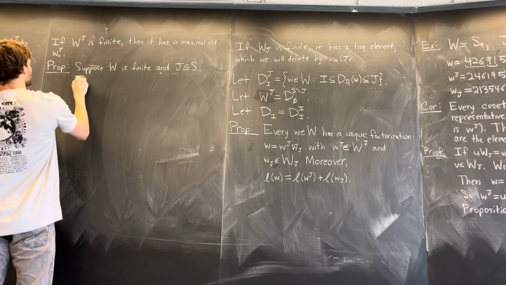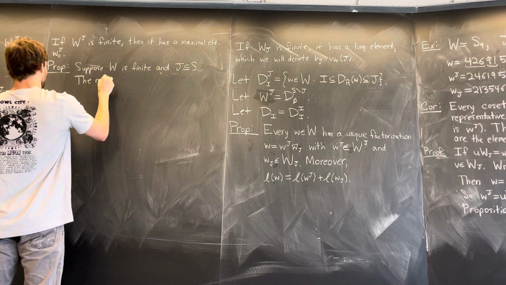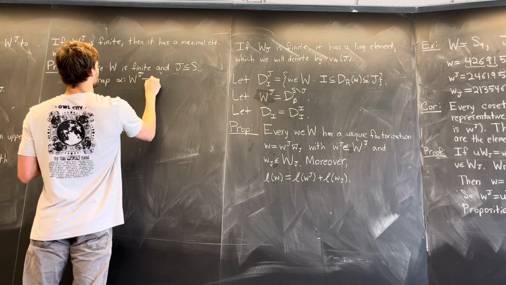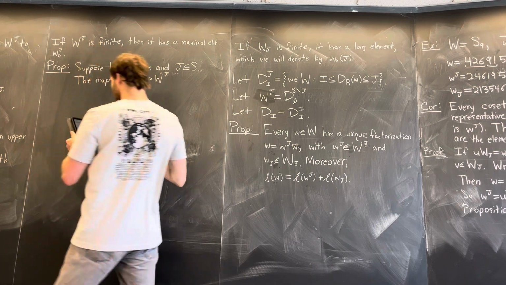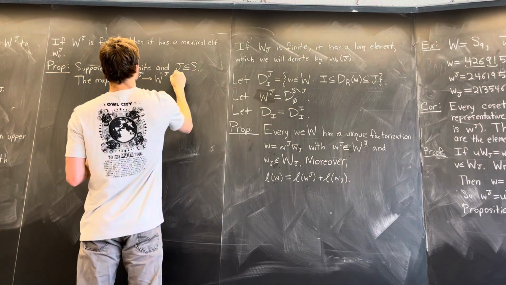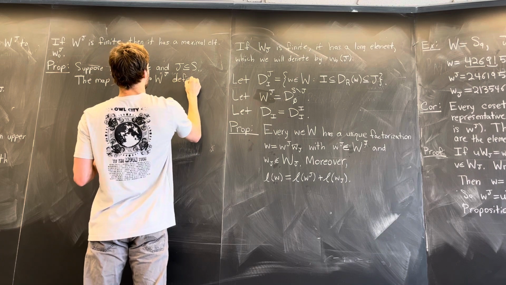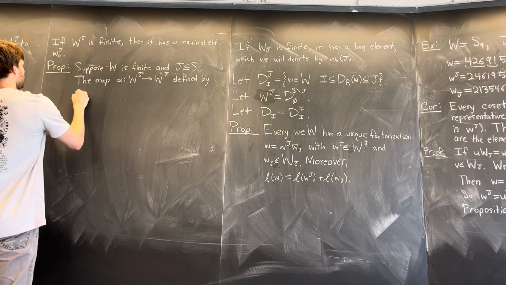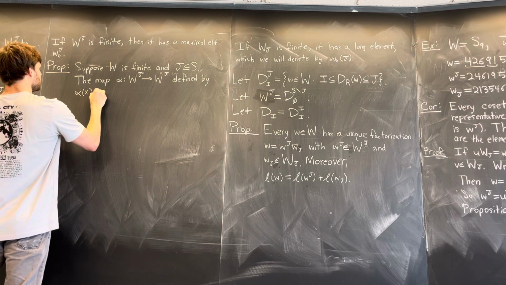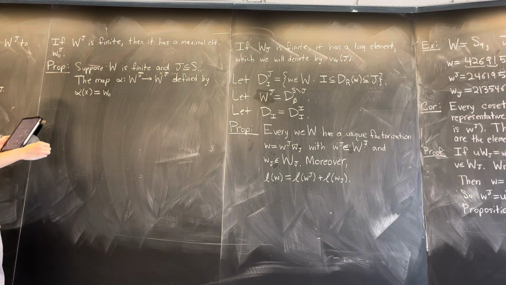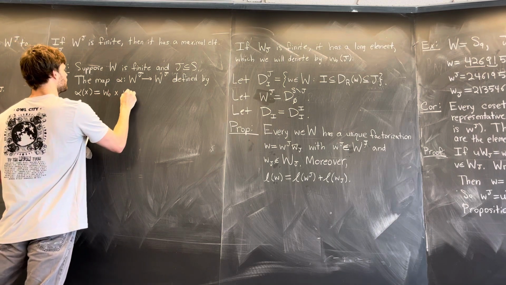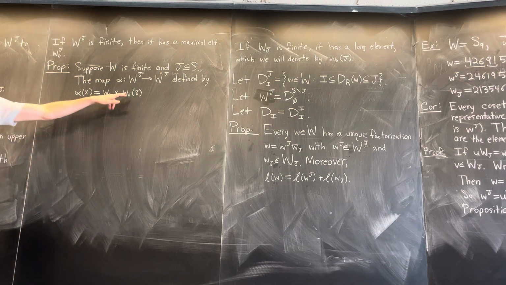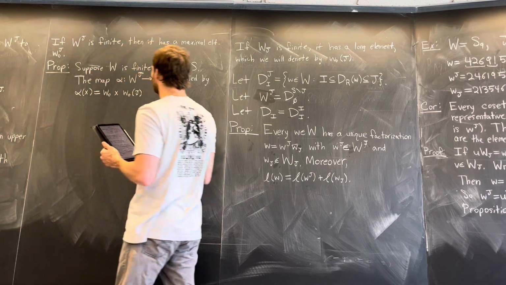Then we have this map, alpha, from W superscript j to W superscript j, defined by alpha of x will be W naught times x times W naught of j. So here this is the long element of W, and W naught of j is the long element of the parabolic subgroup.